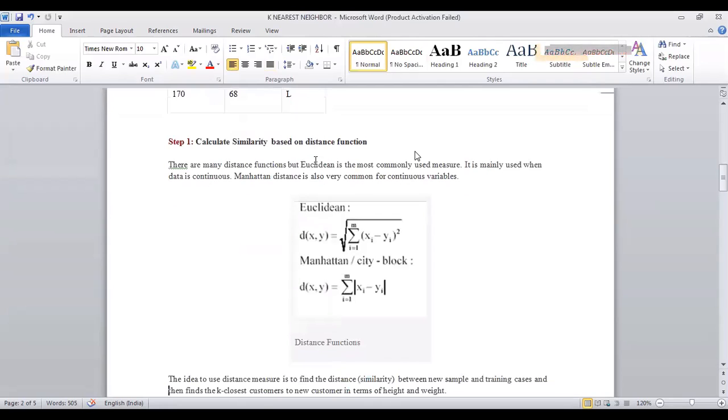The idea of using a distance measure is to find the distance between the new sample and the training cases, and then find the k closest customers to the new customer in terms of height and weight. So we will see what the new data point is. The new data point will have only height and weight as the input.